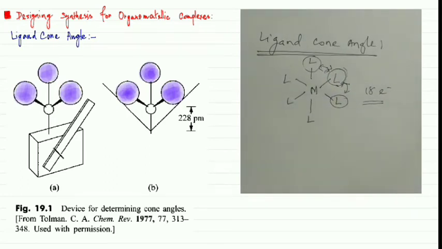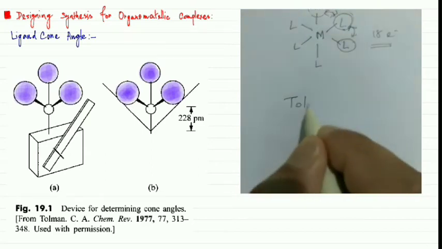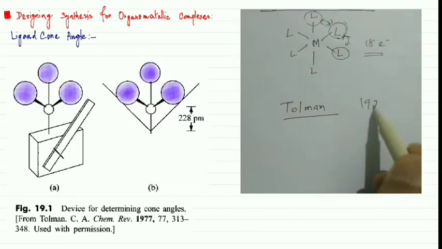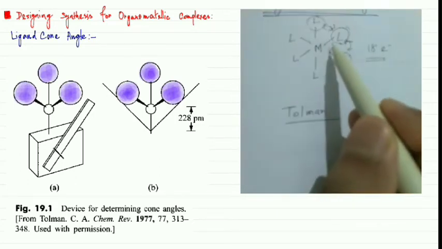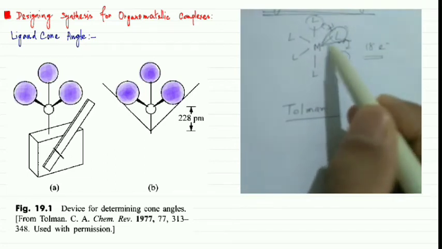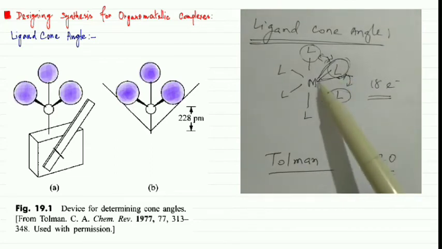So a scientist known as Tolman, in 1970 he introduced a new technique by which we can measure the cone angle, that is the angle of the cone which is made by that ligand to that metal.